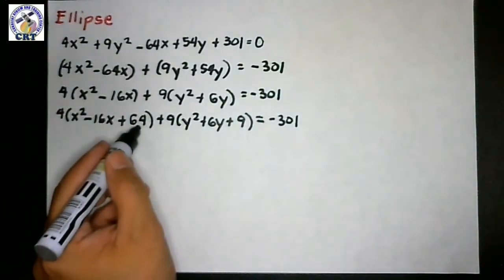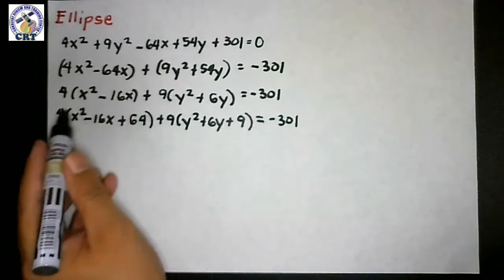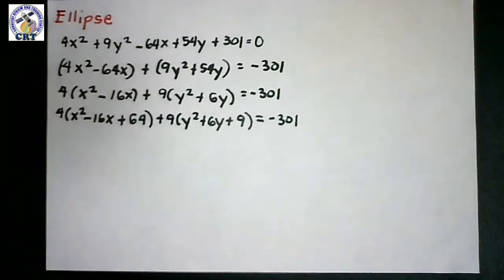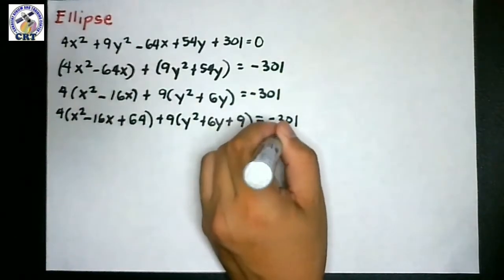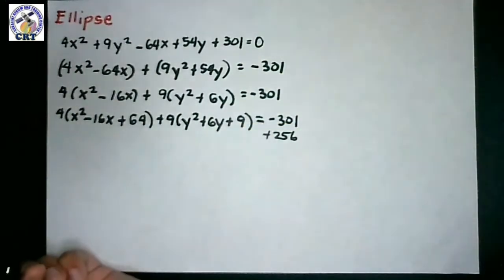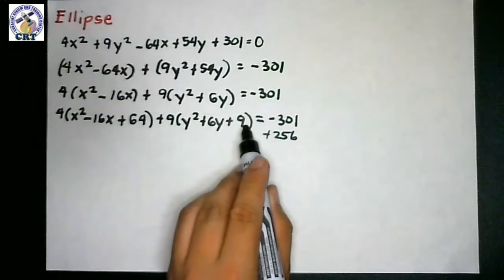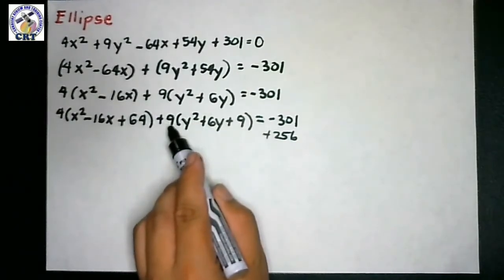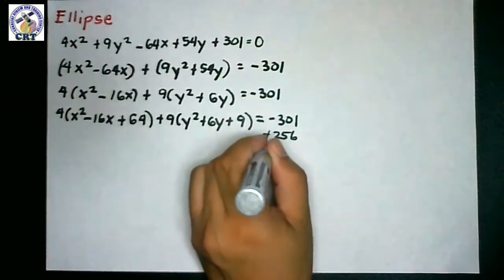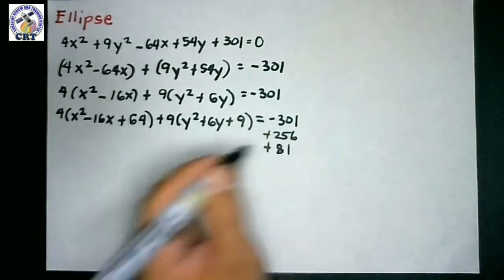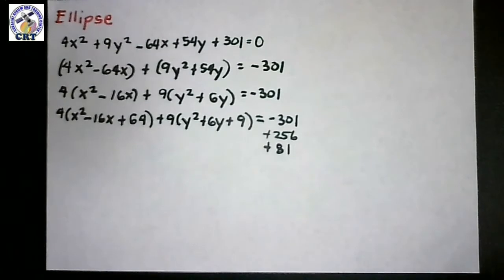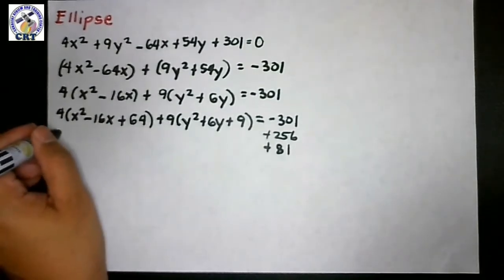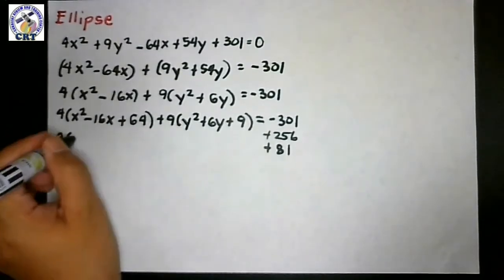So, yung 64, in-add natin yan, pero may multiplier na 4, times 4 pa yung 64. So, this is plus 256. Then, yung 9, in-add natin sa left side, may nakaabang pa rito na multiplier na 9. So, ang i-add natin sa right side, 9 times 9, which is 81. Okay, so pwede na itong kuhanan or i-replace ng perfect square.